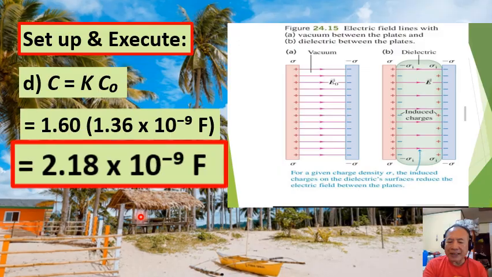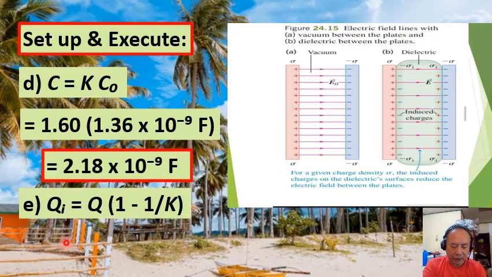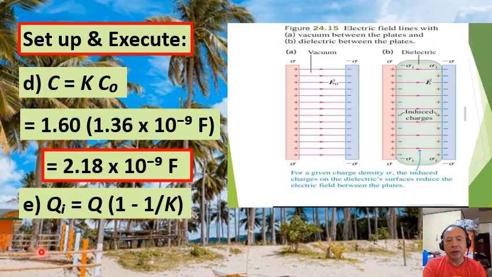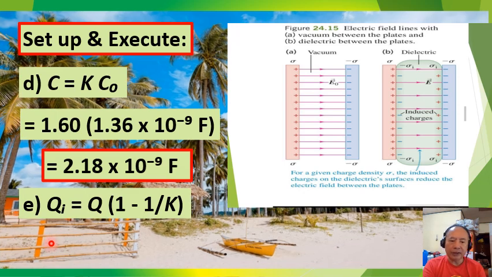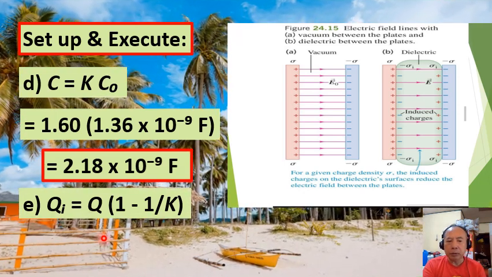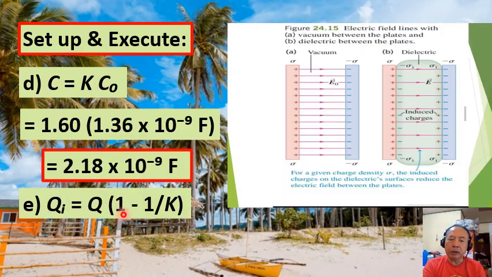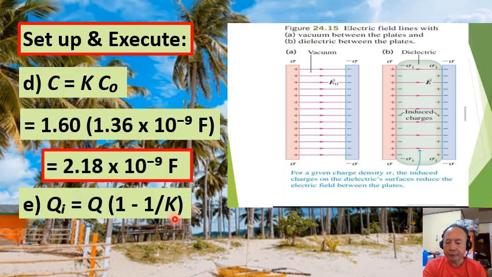And last but not the least, in part E, we find the induced charge denoted by capital Q sub I, and it's just equal to the big Q, which we had just computed earlier, multiplied by quantity 1 minus the reciprocal of kappa.